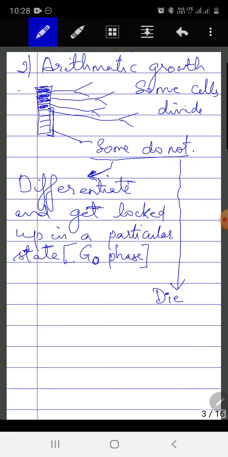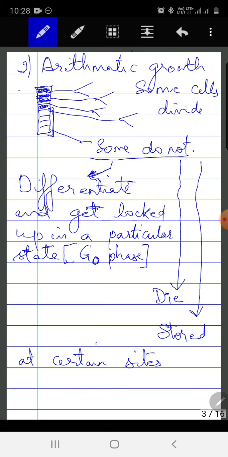The third fate which can be seen is they might get stored at certain sites in the body.